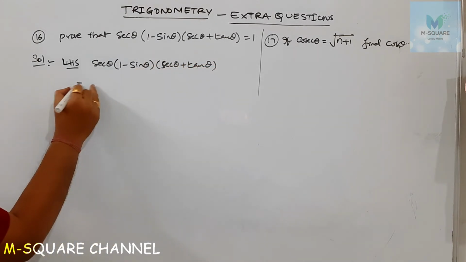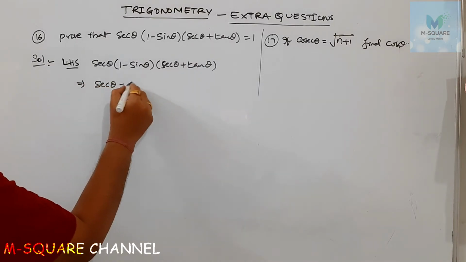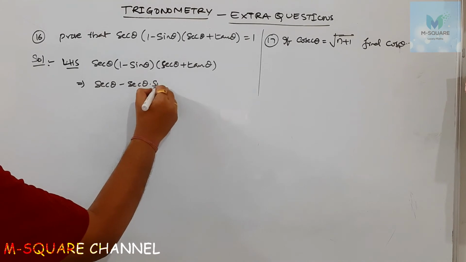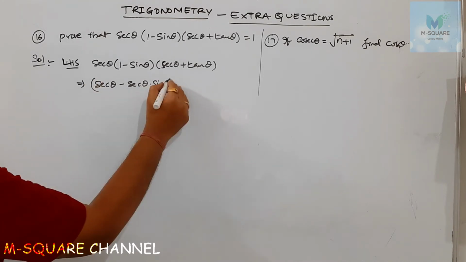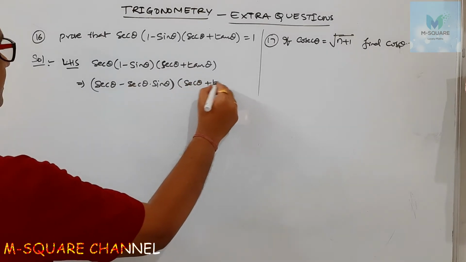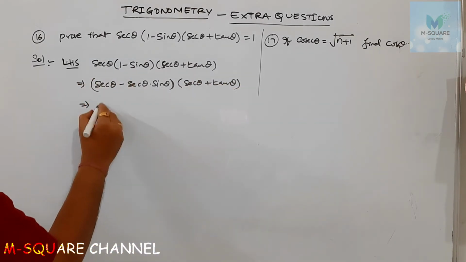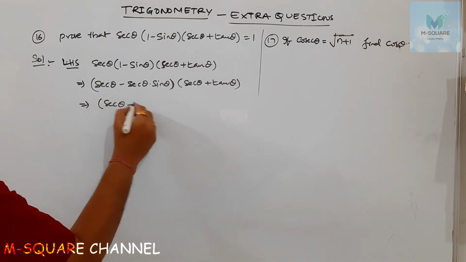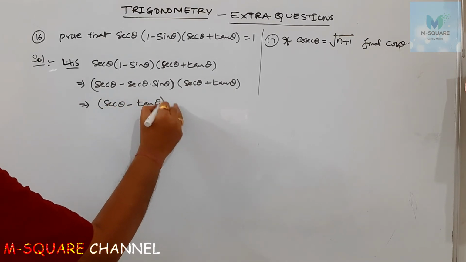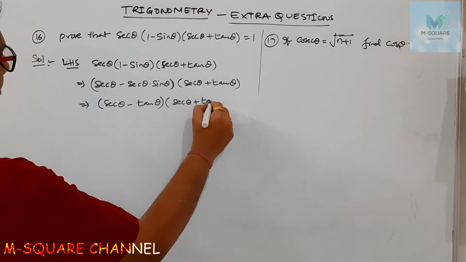Secant theta ones are secant theta, minus secant theta into sin theta. You can write directly secant theta into sin theta is tan theta. So secant theta minus tan theta, secant theta plus tan theta.